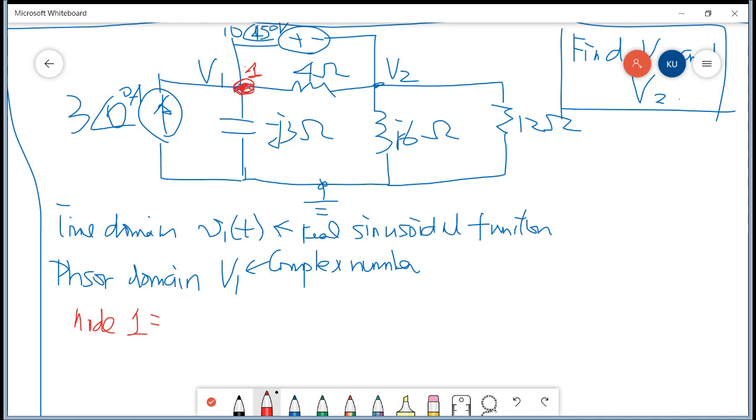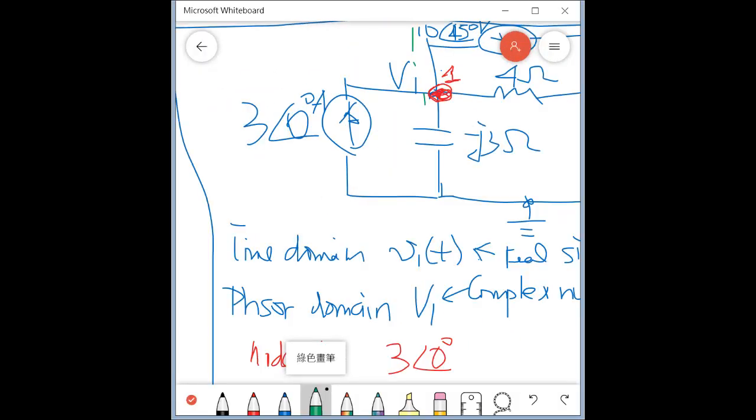So 3 at 0 degree is going in, and actually this is a voltage source, so we don't really know the current going through this. So actually we can regard this as a supernode.